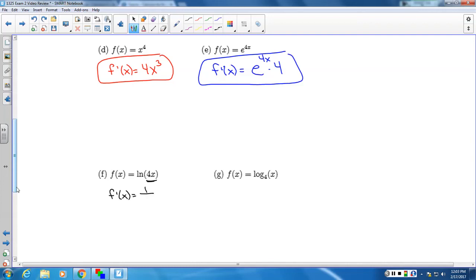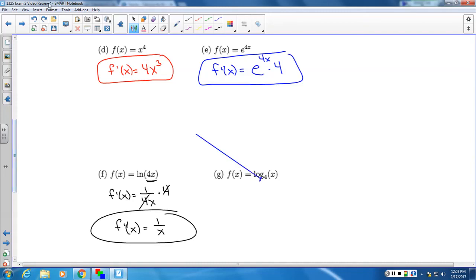Derivative is going to be 1 over junk times derivative of the junk. If we want to simplify that, we can cancel it. And we get the derivative is 1 over x. Part G, we have log base 4 of x, so the derivative would be 1 over x times 1 over the natural log of the base.